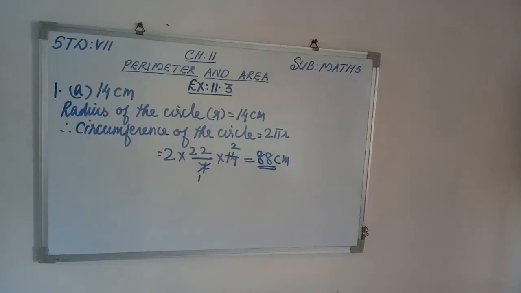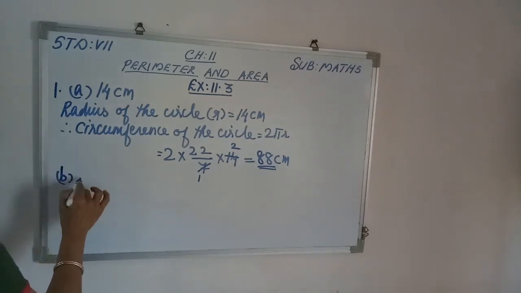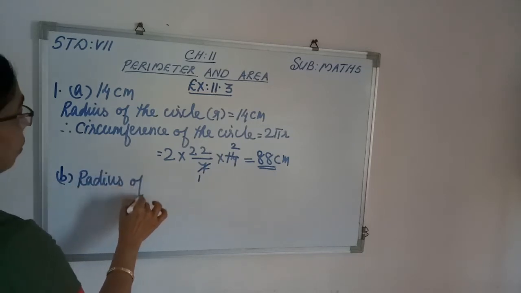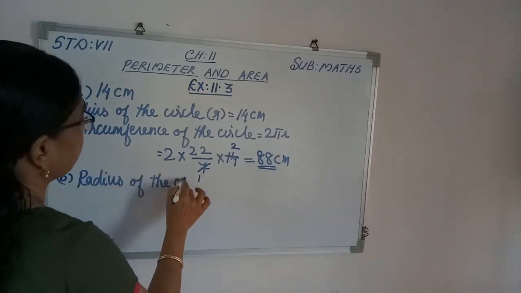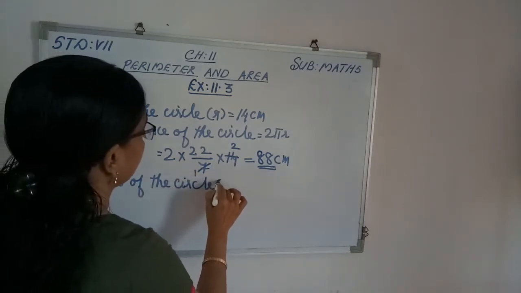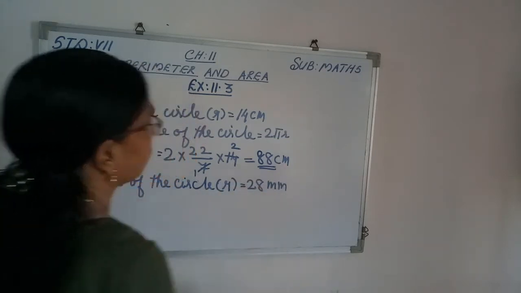Is that clear? Now, second one, 28 millimeter. Radius of the circle, that is R, 28 millimeter.